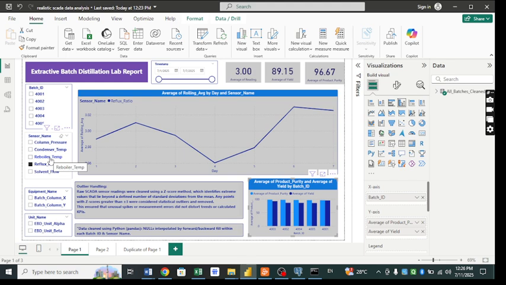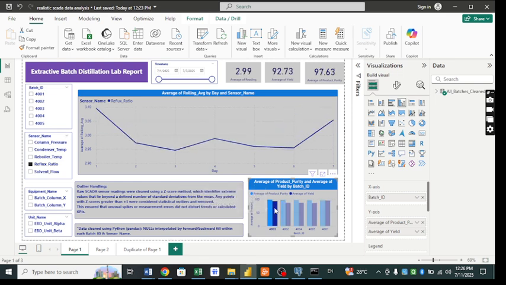What the dashboard reveals is a batch-wise comparison of product purity and yield, and sensor trends across shifts and batches. Batch 4003 gives the highest product purity and yield, almost 93% product purity and 98% yield.